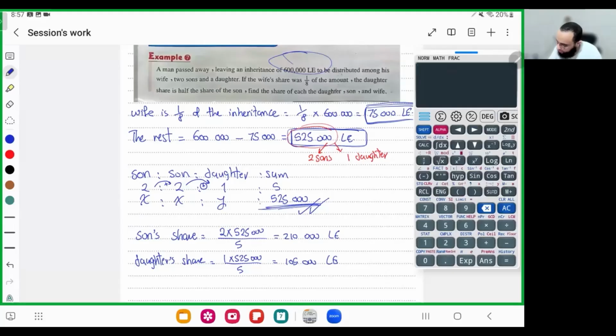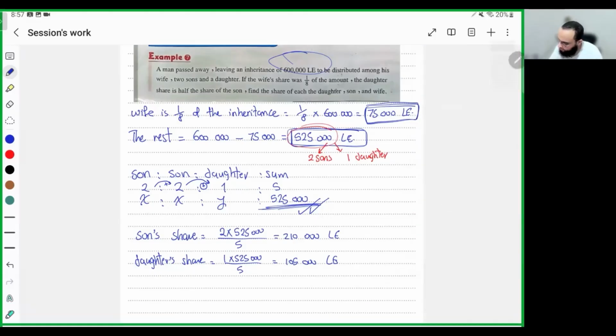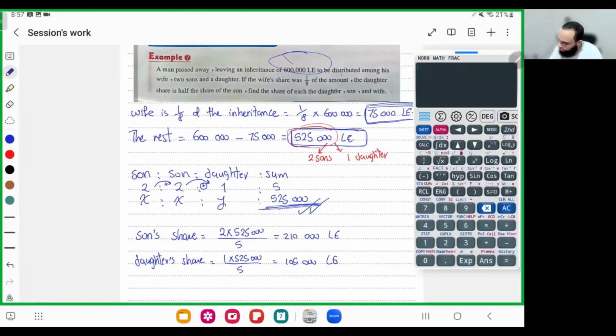And it's correct. 600,000 minus 75,000 is 525,000. 2 and 2, 4, 4 and 1, 5. 2 times this over 5. 1 times this over 5. 210,000 plus 105,000.